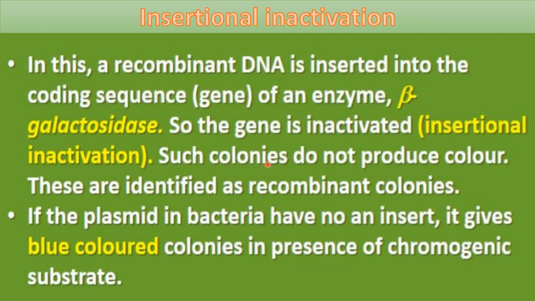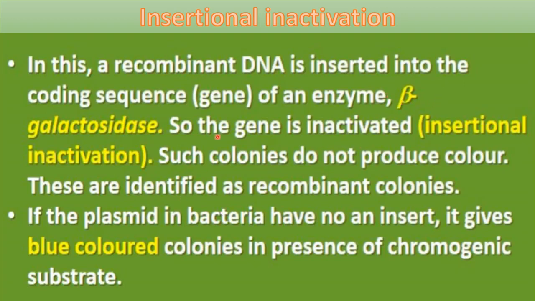Such colonies do not produce color. Now what happened? This beta galactosidase enzyme in a bacteria is responsible for metabolism of lactose, okay, breakdown of lactose, and by breakdown of lactose it produces blue color, right? But what is happening now?